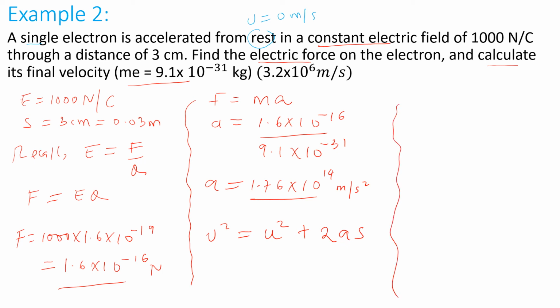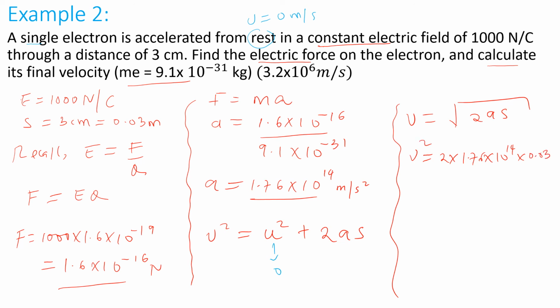We have seen that u is 0 according to the question. We have everything else. So we shall have v equal to the square root of 2as. So v is going to be the square root of 2 times acceleration, which is 1.76 times 10 to the power positive 14, multiplied by the distance, which we changed already into meters, 0.03.